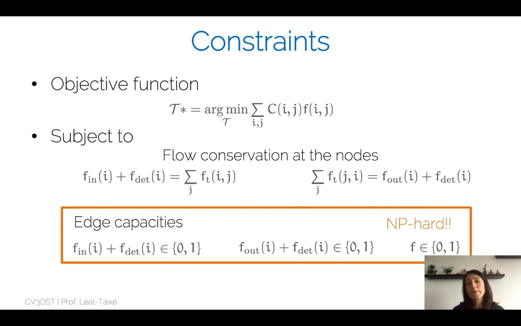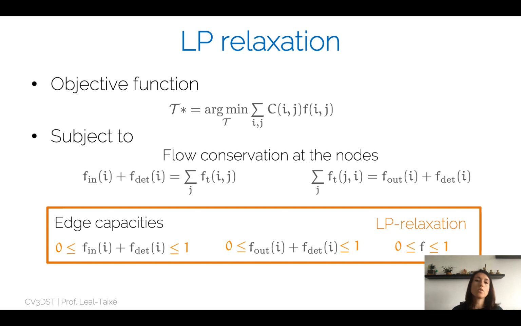Now I have only one problem, and that is that these constraints mean that my problem is NP-hard. Before I said that I was going to use the linear program formulation because it was easy to solve, because there were fast solvers. But if we have an NP-hard problem, then this is no longer solvable in a reasonable amount of time, which means that we have to work on a relaxation. This is called the linear program relaxation.